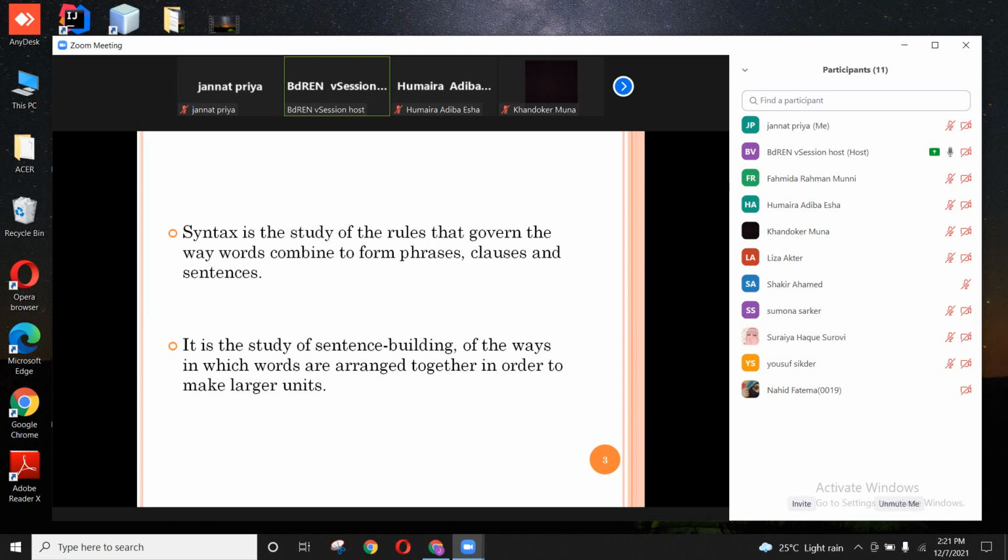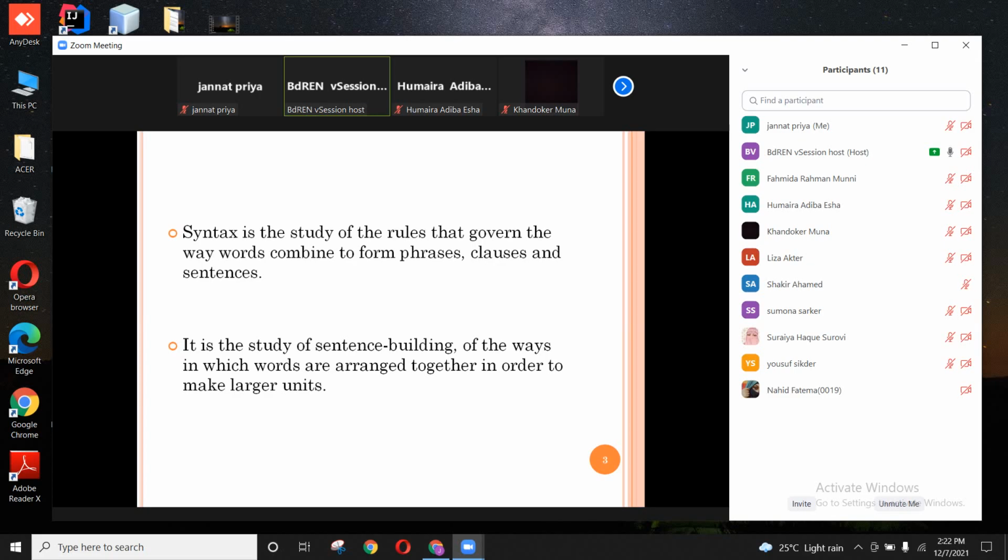So syntax also studies the rules of combining, the rules of joining phrases, clauses, and sentences. It is the study of sentence building, of the ways in which words are arranged together in order to make larger units.